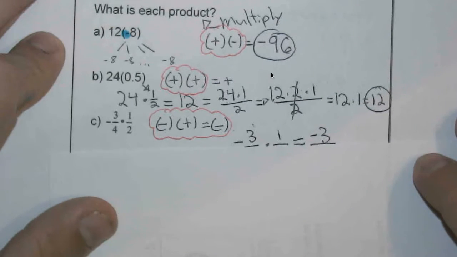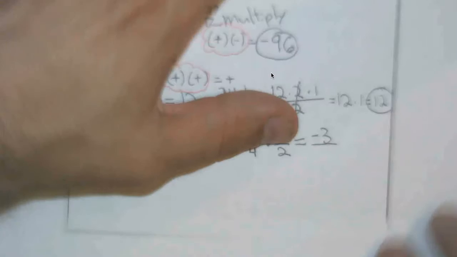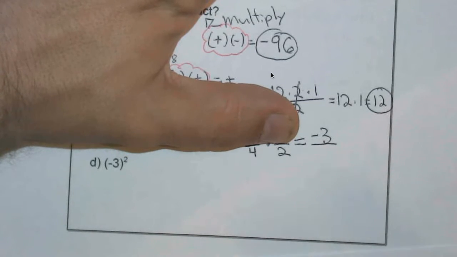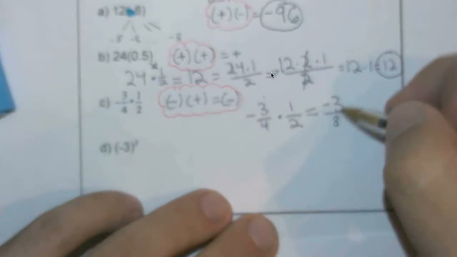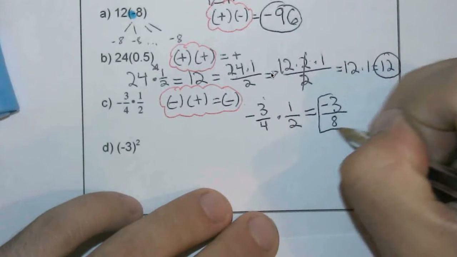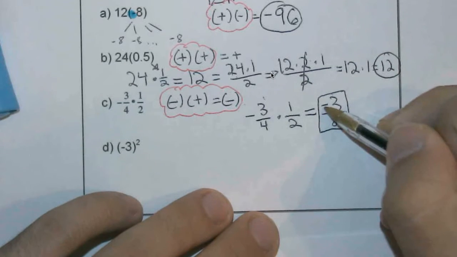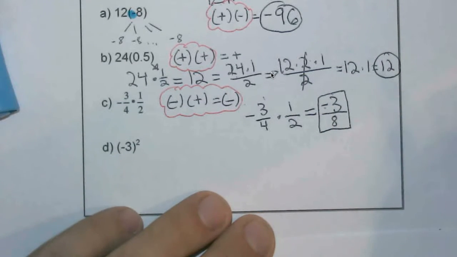And if we focus just on the bottom two terms, if we just multiply 4 and 2, this is going to get us 8. So notice that our final answer in this case is definitely negative because we only have one negative term seen here. And negative 3/8 is just fine as is.